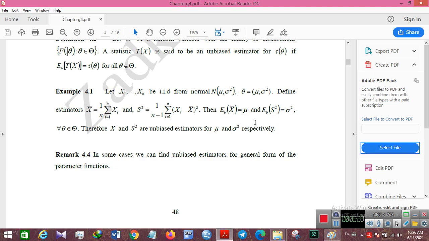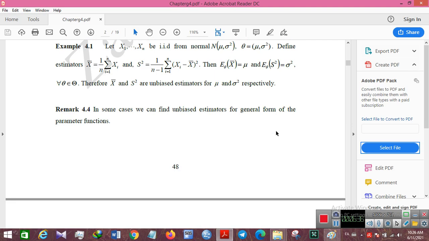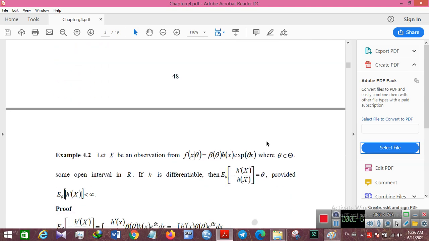So X bar and S squared are the unbiased estimators of mu and sigma square respectively. In some cases we can find a general form of the unbiased estimators. This is the benefit of the unbiased estimators.